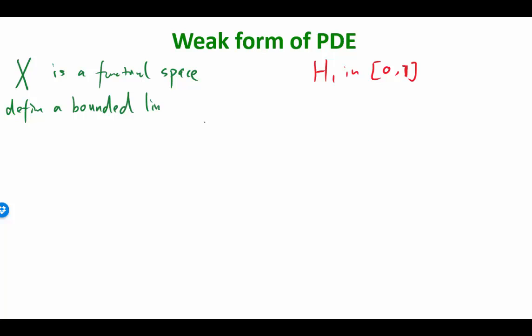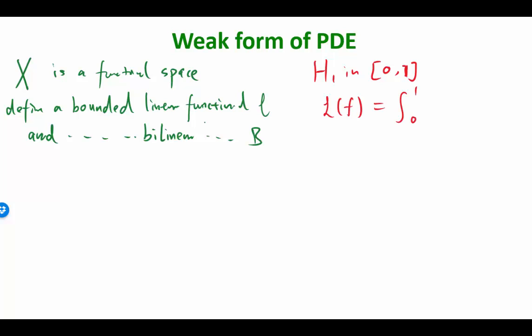Bounded linear functional L and a bounded bilinear functional B. Okay, the example here is, for example, my L of f is equal to the integral from 0 to 1, f of x dx. That's a linear functional, as we have already given here, suggested by one of you, right?